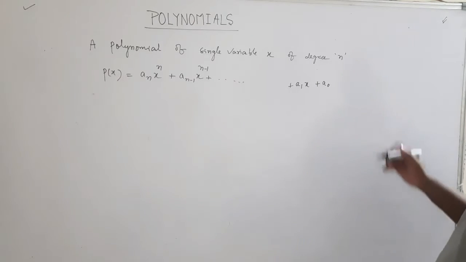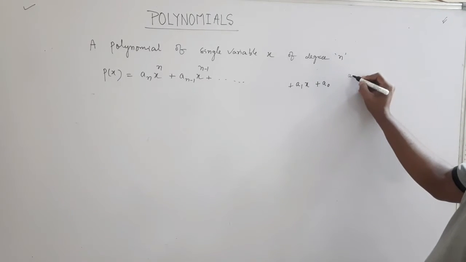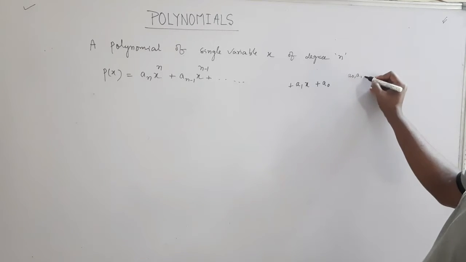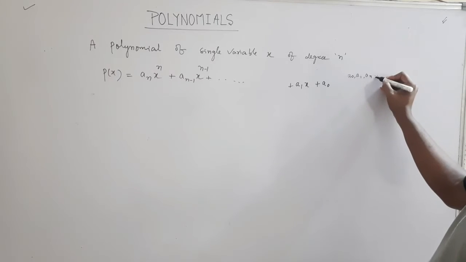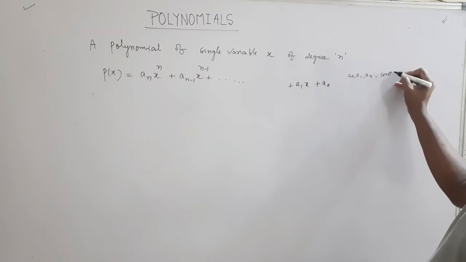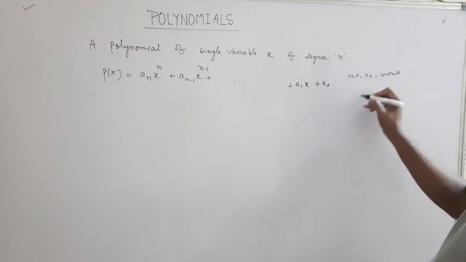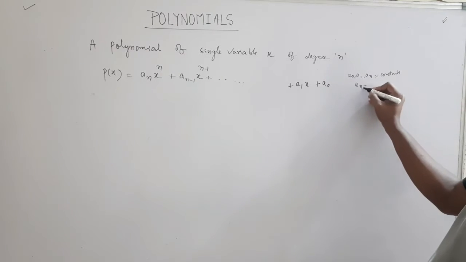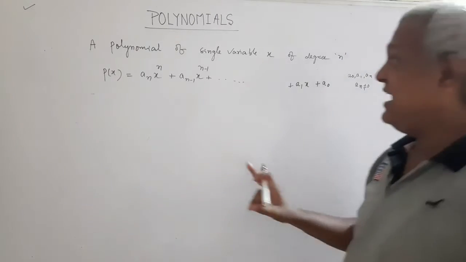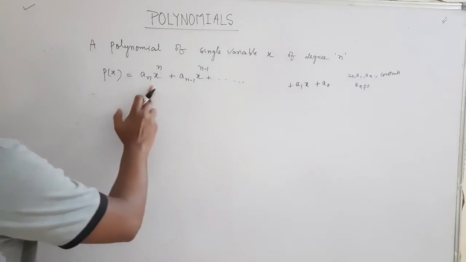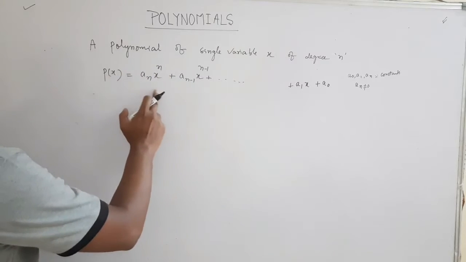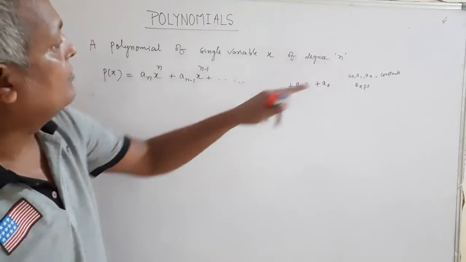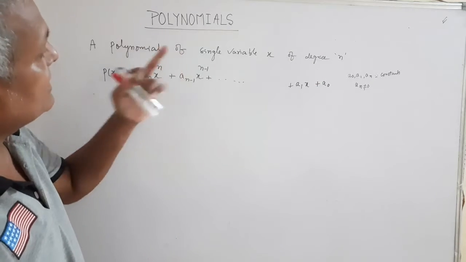This is a polynomial where a1, a0, an, all these are just constants, and if it is a polynomial of degree n, then an should not be 0, because if an is 0, then this term will become 0 and this will not be a polynomial of degree n, but it can be a polynomial of degree n-1.